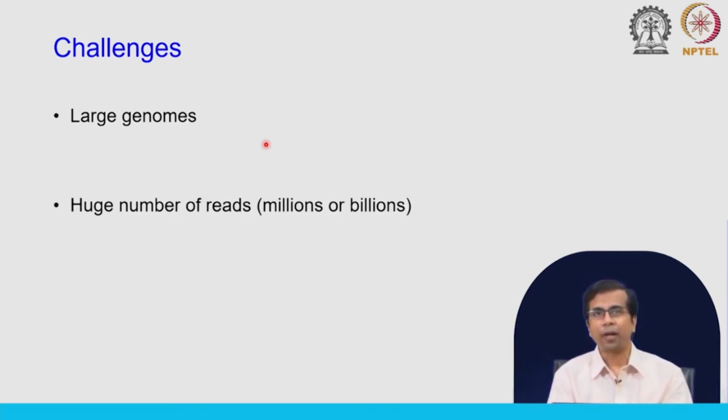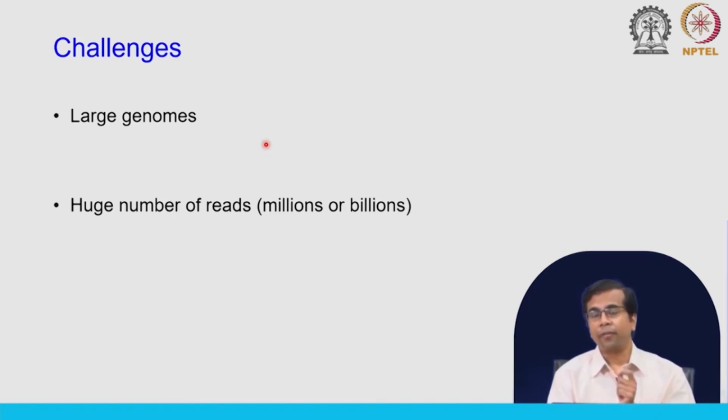Then you have a huge number of reads. When we were discussing NGS technologies, we looked at the throughput, the number of bases that we get from each experiment on those platforms, and these reads are in millions or billions. In today's experiments you can get billions of reads quite easily.